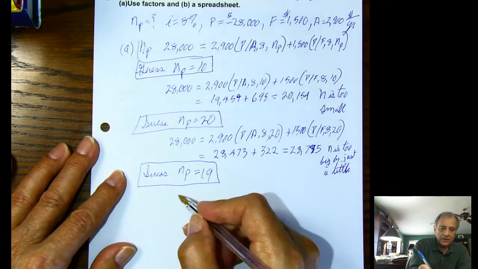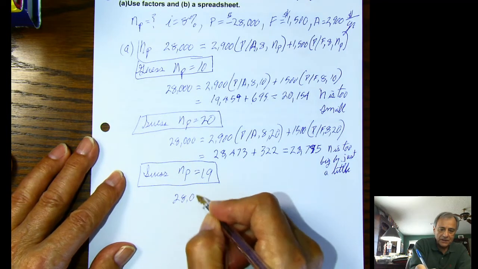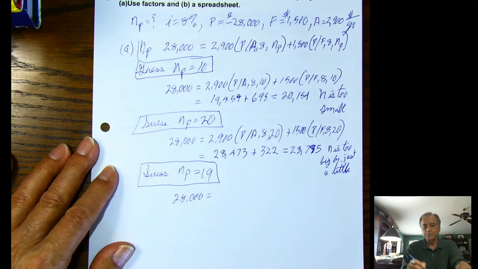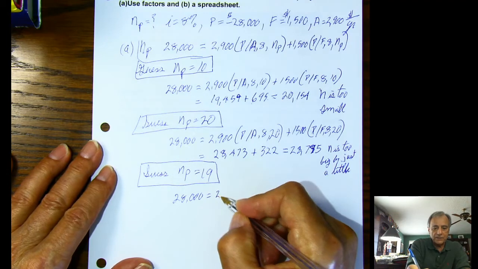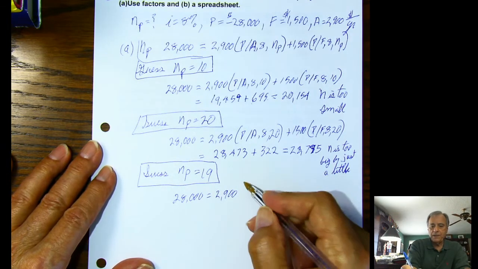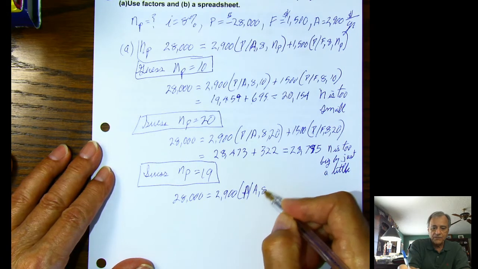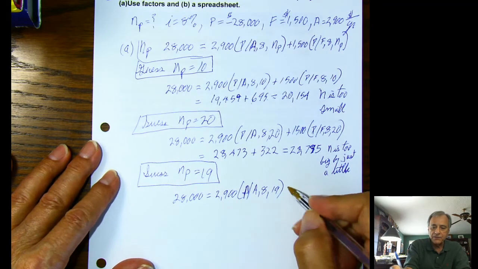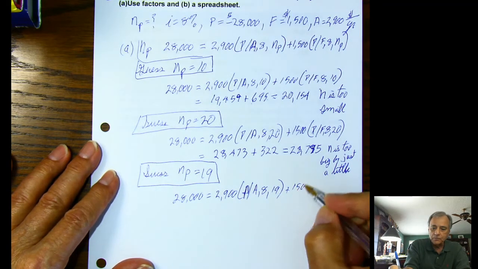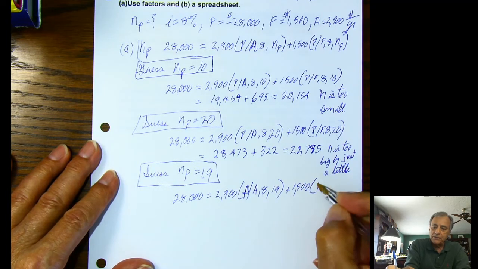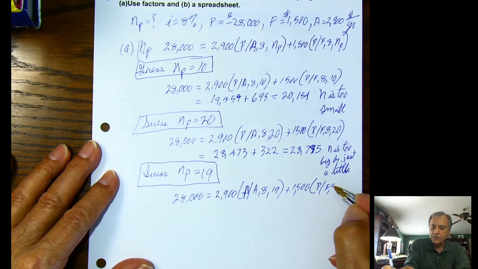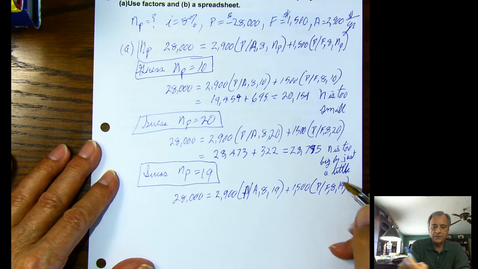And then I have 28,000 on the left side equals 2,900 (P given A, 8% for 19 periods) plus 1,500 (P given F, 8% for 19 periods).